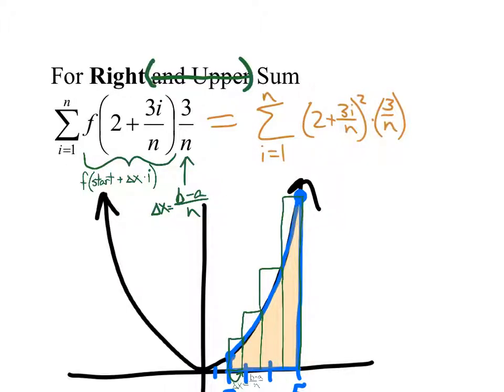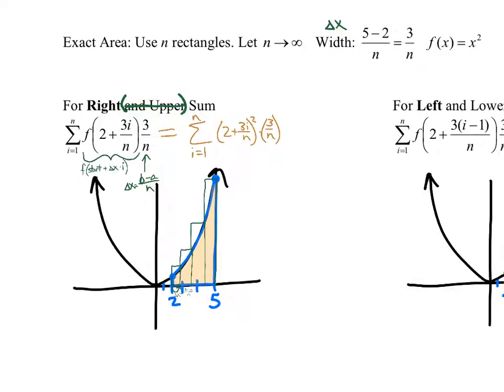So what did we get for that? 39, which is between the 29 and the 50 about, right? When we're plugging in 2 plus 3i over n into f of x, we're saying n is just a constant right now, and it's not infinity.